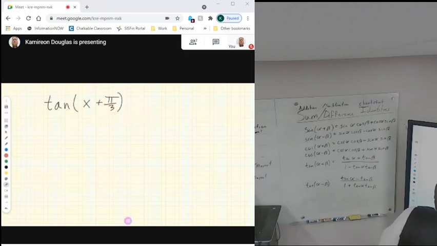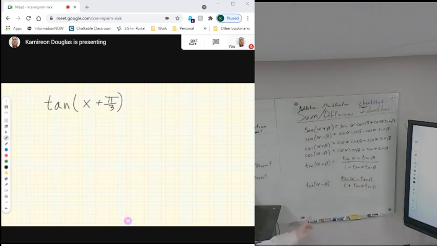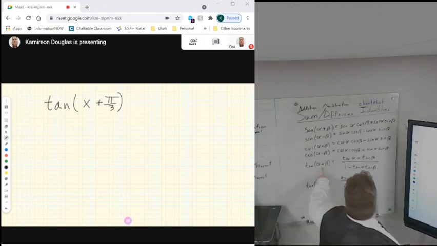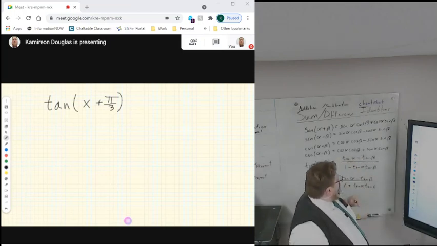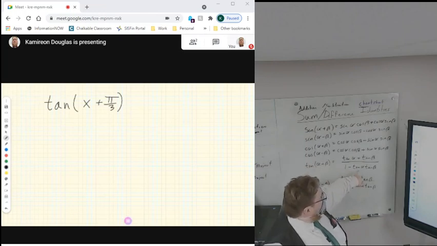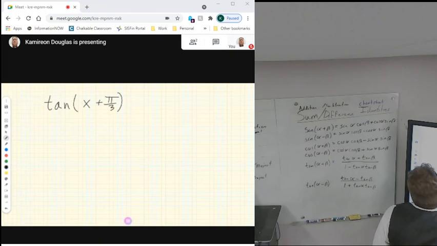So again, I take this, I'm going to rewrite it in terms of 2 different functions rather than 1, but in doing so the phase shift will go away, replaced with something else. So I use the top version of tangent, which has the plus sign, for a sum problem. It says tangent of alpha plus tangent of beta over 1 minus tangent alpha tangent beta. Let's do it. Now again, my alpha is x, my beta is pi over 3.